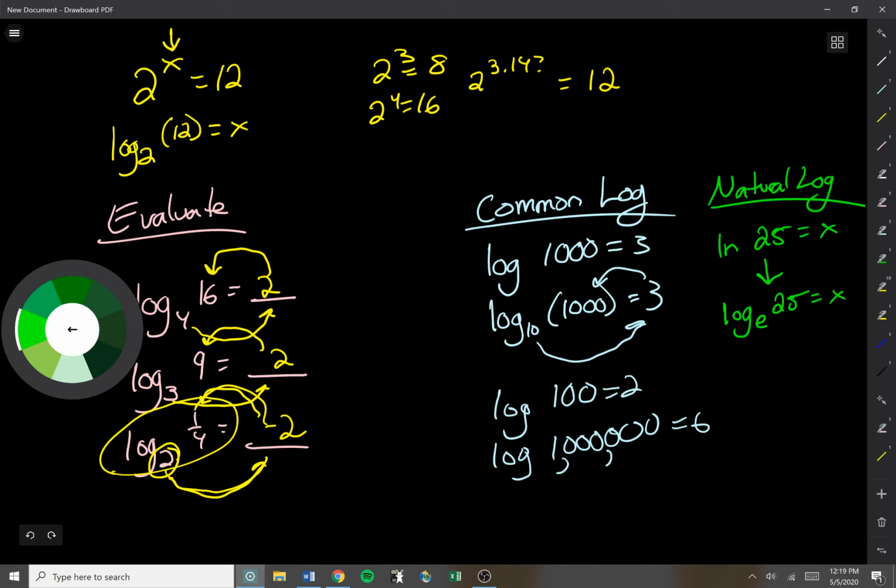So you could convert this into e to the x equals 25. If ever you have a log with a base of e, we call it a natural log. You'll see that ln for natural log. That'll come up in your homework just a little bit, but not a ton. So don't worry about it too much.